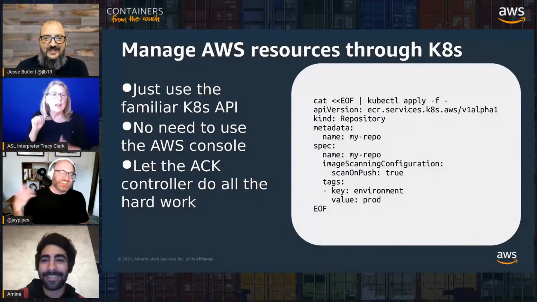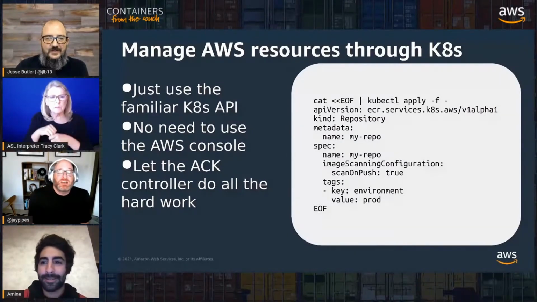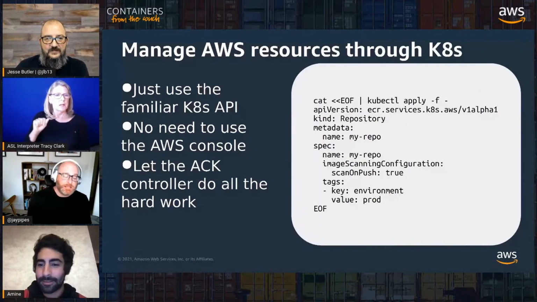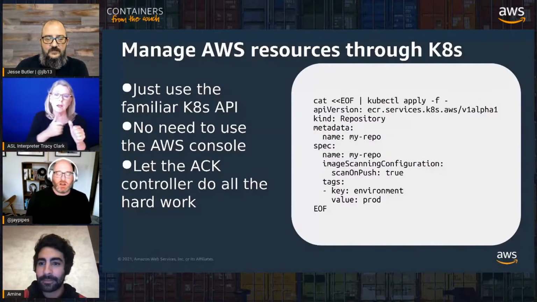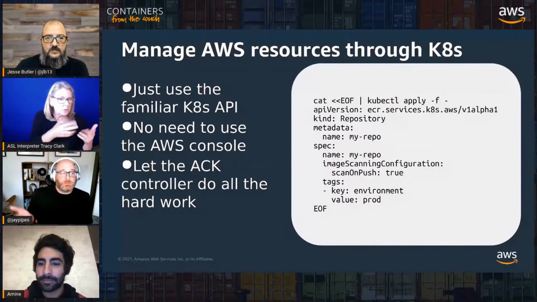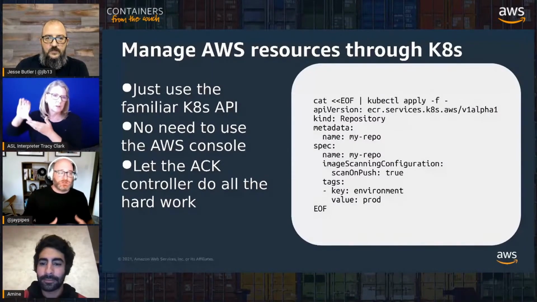So you're just going to kubectl apply and pipe in a YAML manifest that describes the AWS resource that you want to create or update, and the ACK controller for that particular service, in this case ECR, will take the custom resource that you've applied to Kubernetes and speak to the AWS ECR API to manage the creation and update of your particular repository. So this is the end user experience that we want ACK controllers to provide.